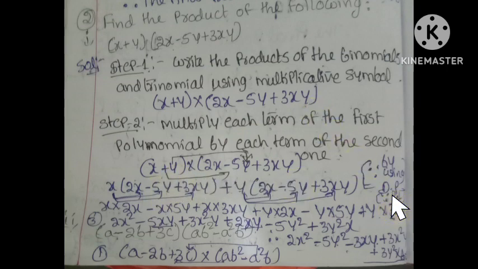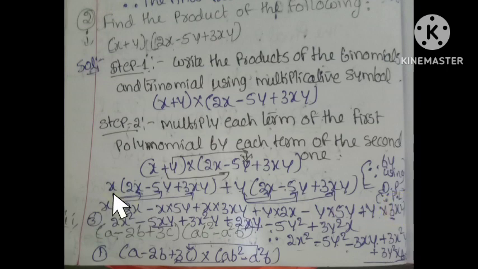Again using the distributive property. Here also, a monomial is multiplied by the polynomial. And next, the second term is also a monomial multiplied by the polynomial.